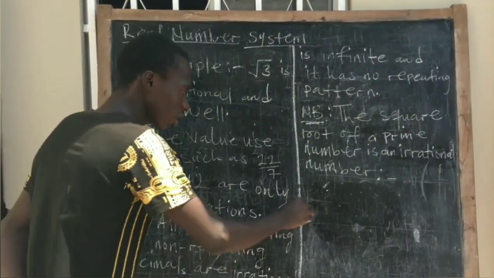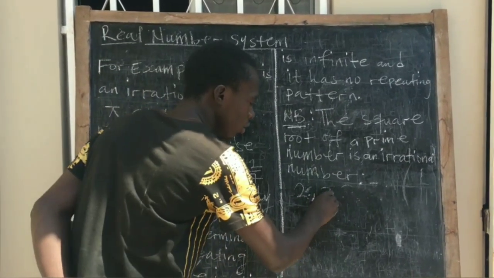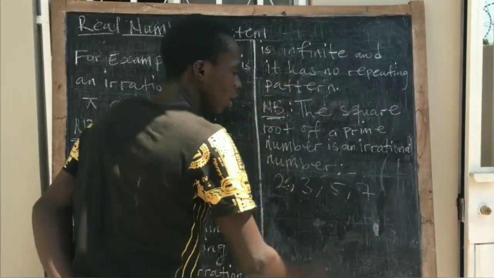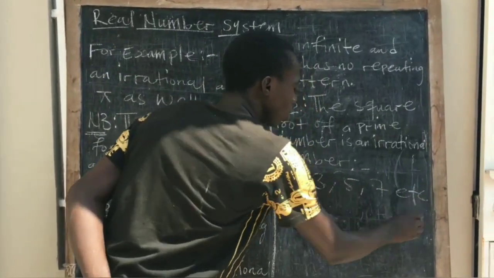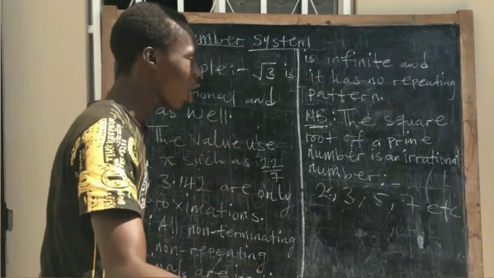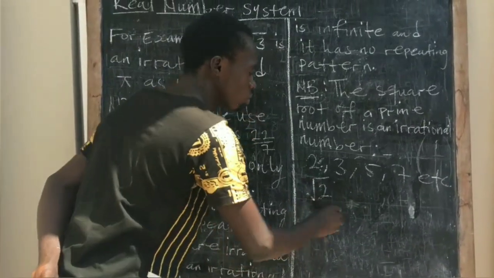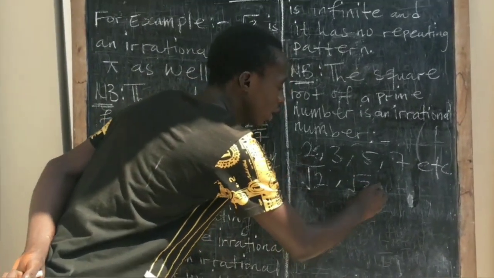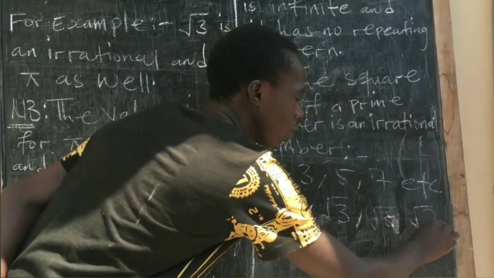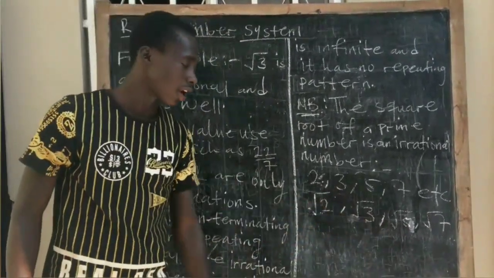Example, we have 2, 3, 5, 7, etc. The square roots of these prime numbers, for example root 2, root 3, root 5, and root 7, are all irrational numbers.